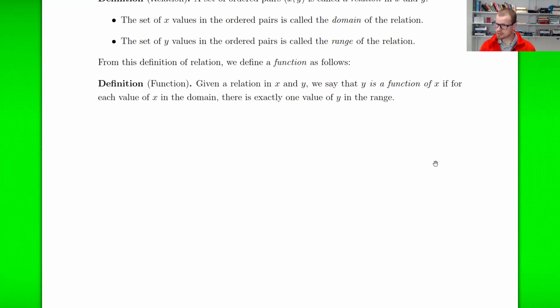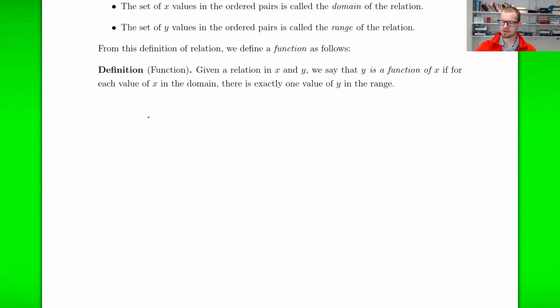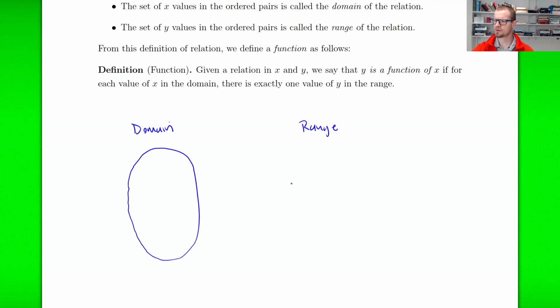All right, so to provide a little bit further of a visual representation, I want to create two sets. We'll call this the domain, and we will call this the range. So I'm going to draw a couple of ovals here. And we're going to manipulate these a couple times. So maybe you want to draw a couple pairs of ovals for domain and range.